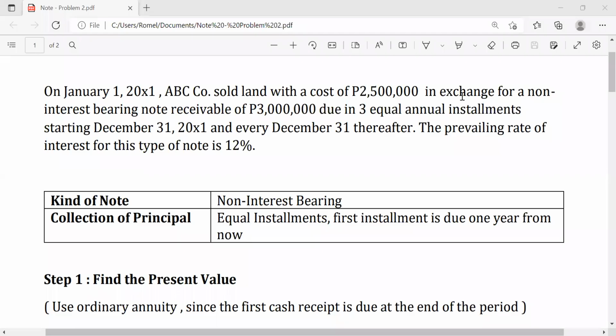Okay. Hi guys, we will now discuss notes receivable which are non-interest bearing with equal installment collections.